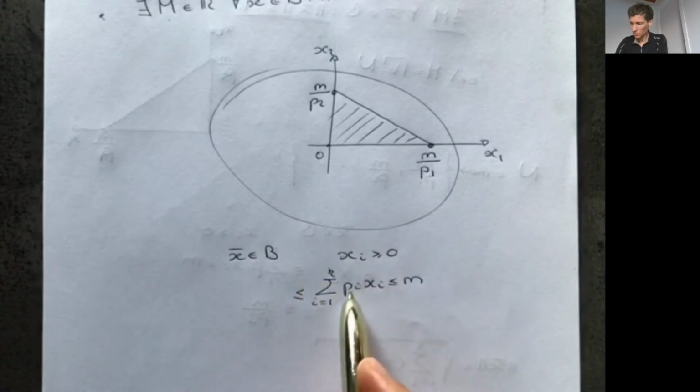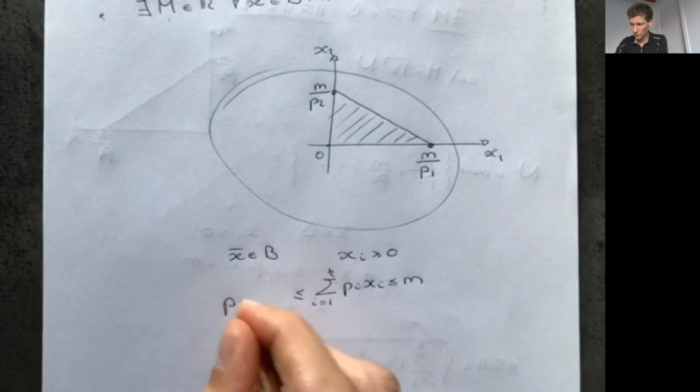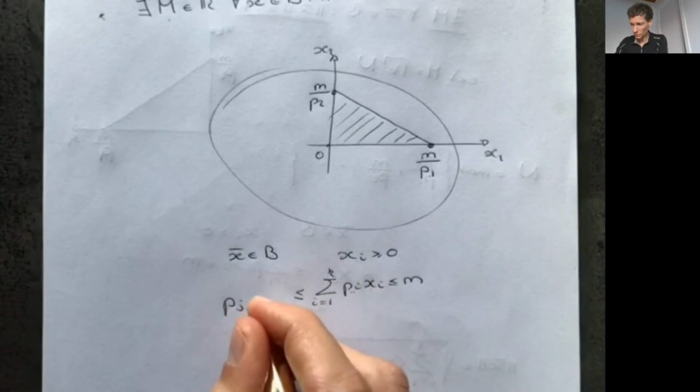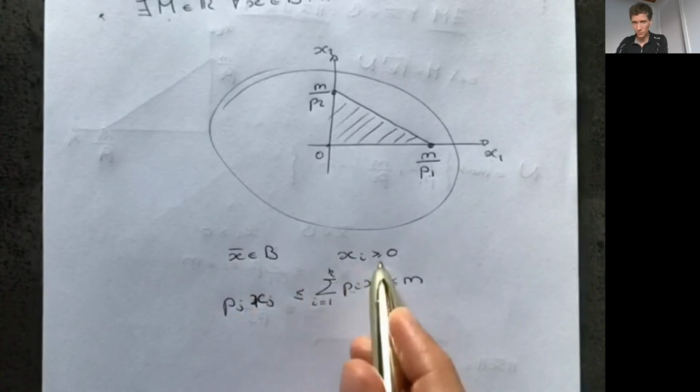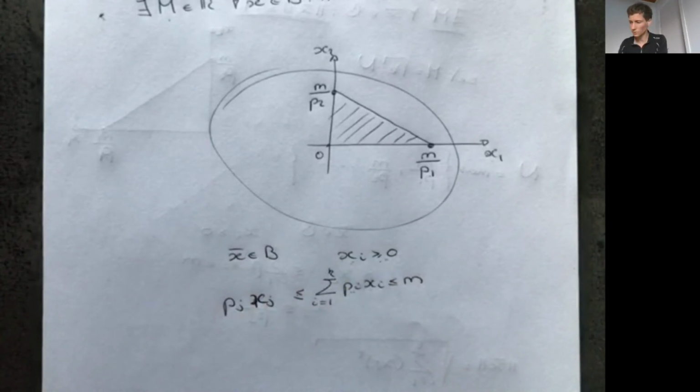All the x's are greater or equal to 0. So if you set all the x's equal to 0 except for one, let's say good j, then we get that this is greater or equal to p_j x_j. This inequality holds because all the x's are greater or equal to 0. Then if you look at good j alone, putting the price to the other side, x_j is less or equal to m over p_j.